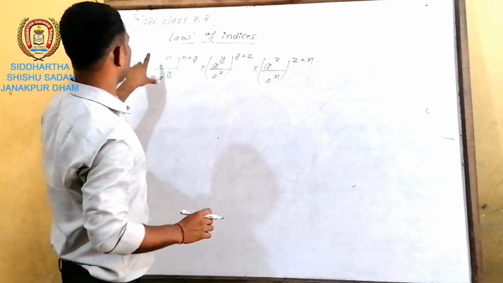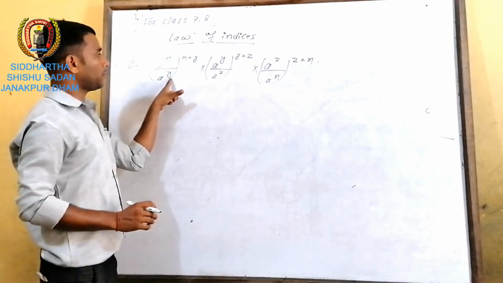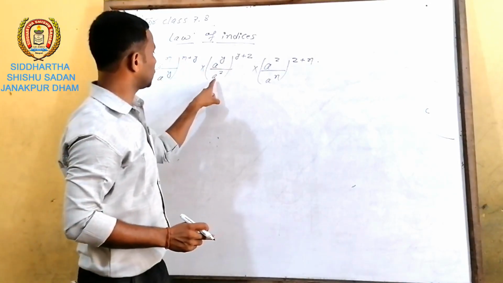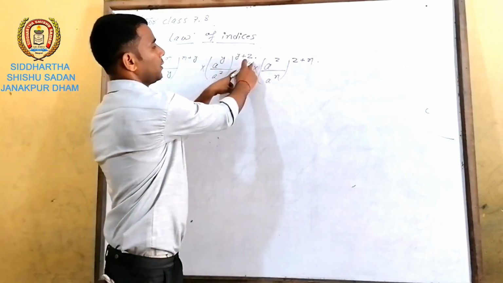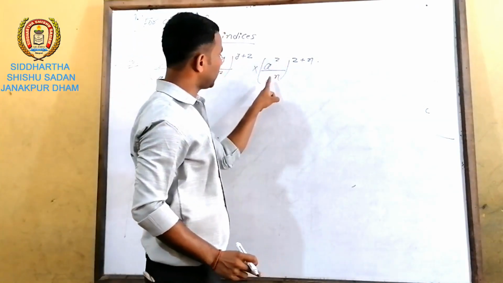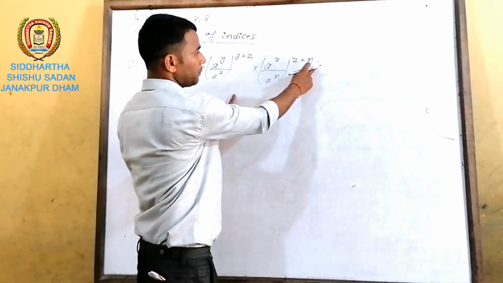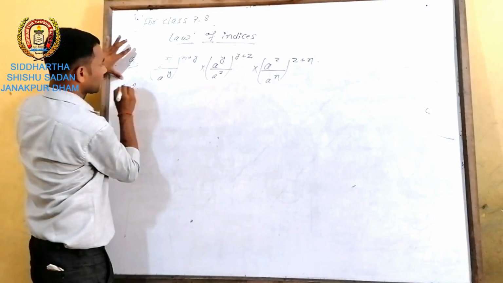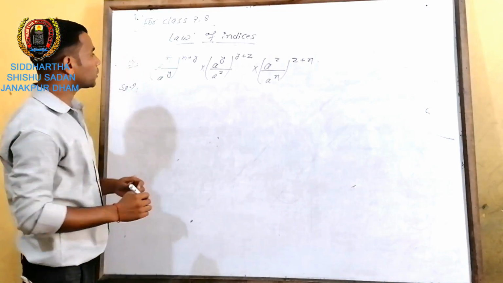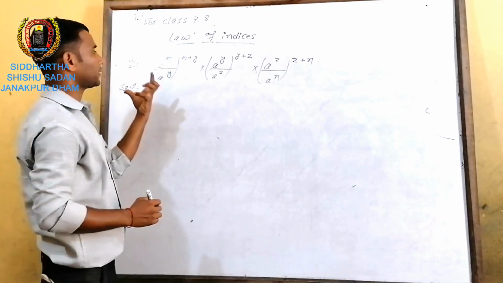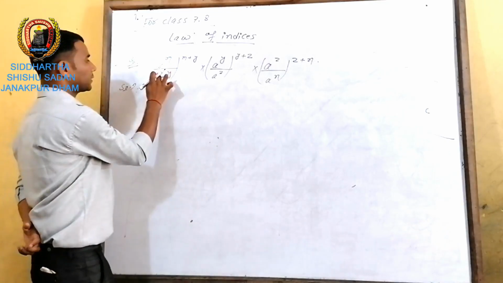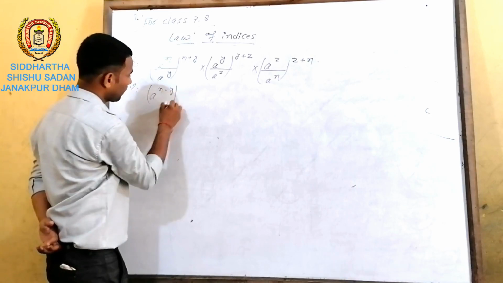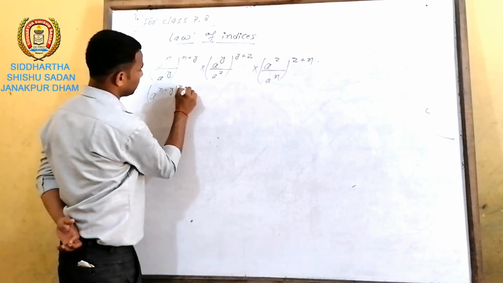In this type of problem, a to the power x over a to the power y, whole power x plus y; a to the power y over a to the power z, whole power y plus z; a to the power z over a to the power x, whole power z plus x. Simplify. Look here, both bases are the same, then power is subtracted. Quotient law: if bases are same, then power is subtracted. So a to the power (x minus y), whole power (x plus y).